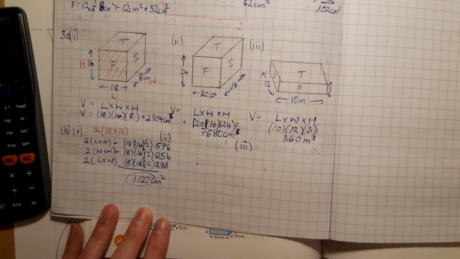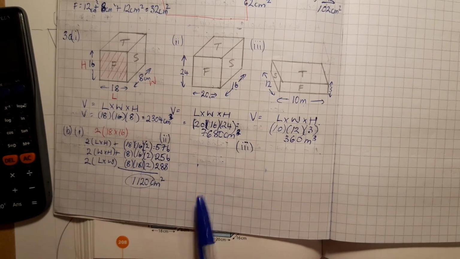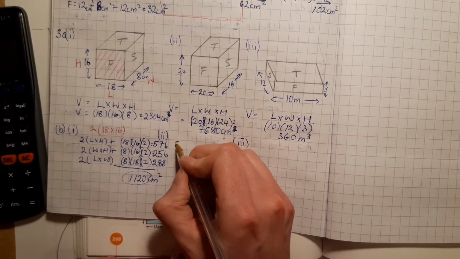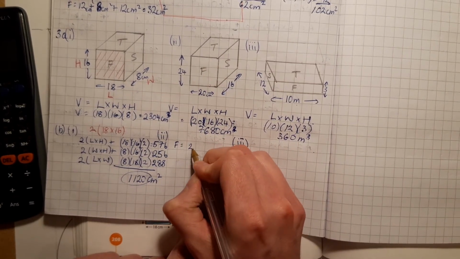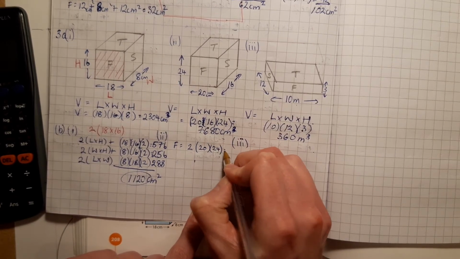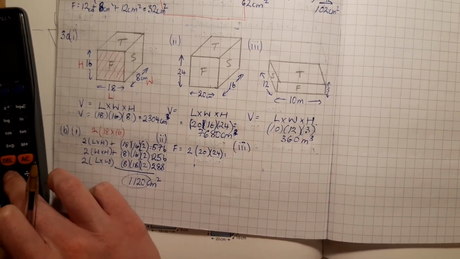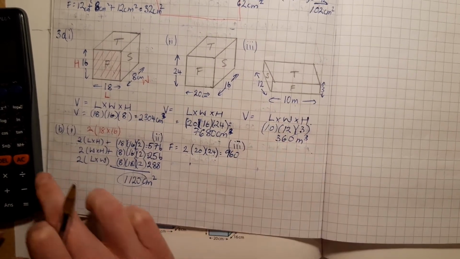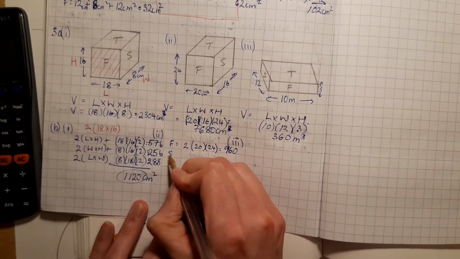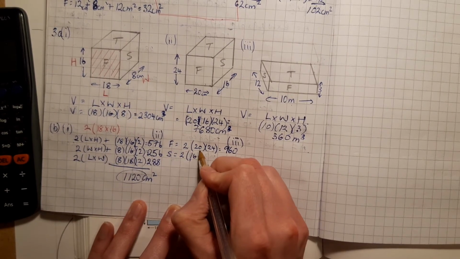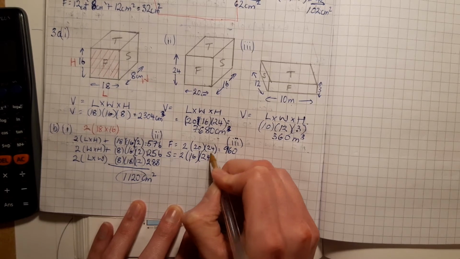Okay, volume was cubed earlier on. Repeat this for the other two. The front face. So the front of it is, there's 2 of them, 20 by 24. When you do that on your calculator, 2 by 20 by 24, you're getting 960. We'll do the side next, and that's just two of them. 16 by 24.